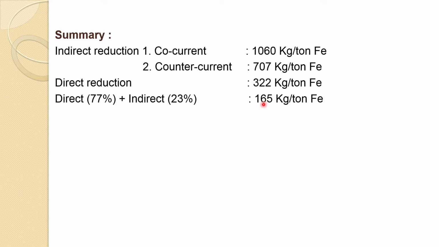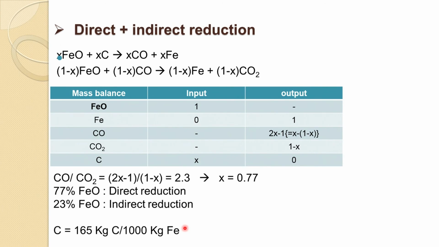We will now see this calculation, how do we arrive at this 165 kg of carbon per ton of iron. So, this is now for the direct plus indirect reduction, a combination of both.